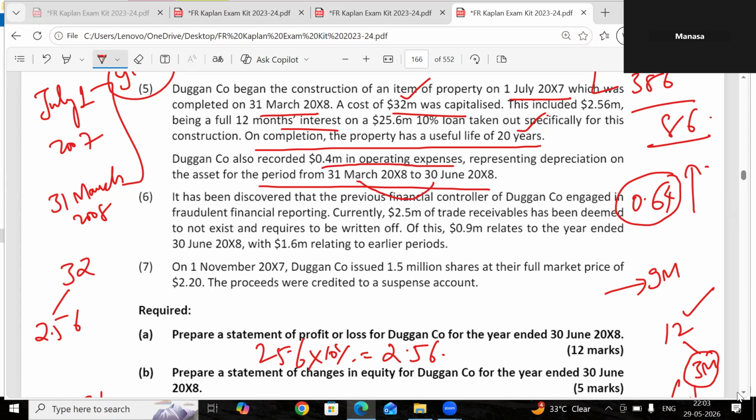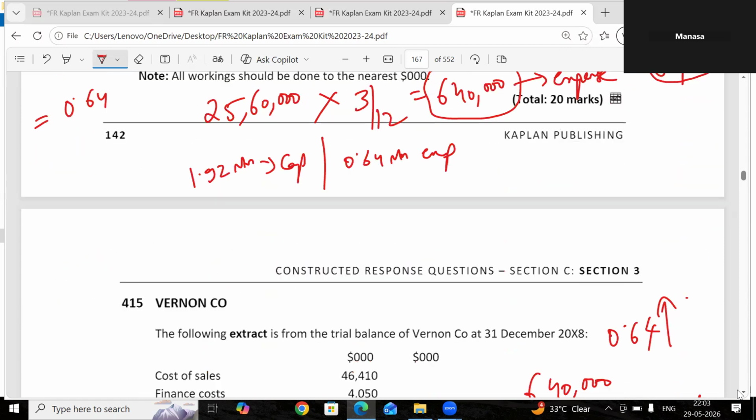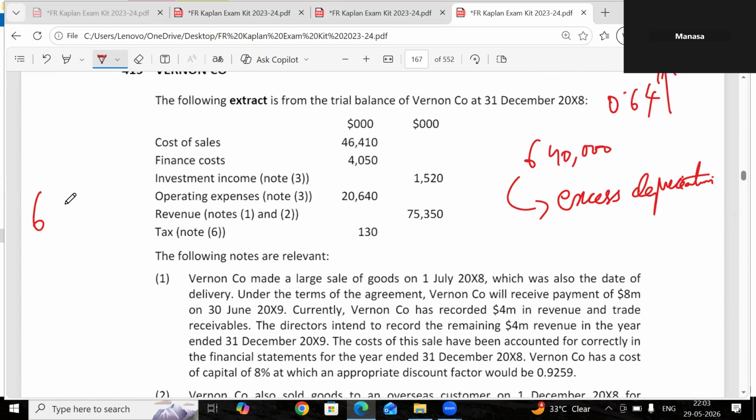Okay, fine. 6,40,000 divided by 20. How much is this, Mansa? Calculate and tell me. 32,000. 32,000 into 3 upon 12, because we are closing the books in the month of June.